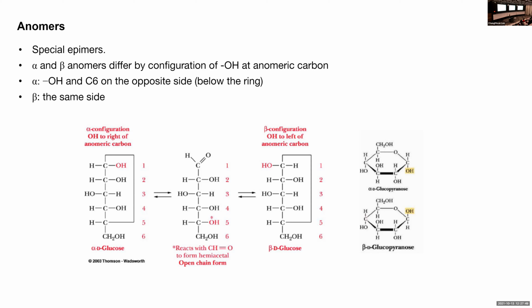So just focus on that, C2 for ketoses or C1 for aldoses. And since you're going to have two exocyclic groups, now you have to choose one, right? The one that is far from that anomeric center will be the one considered for telling whether this is the alpha or beta form. Okay.